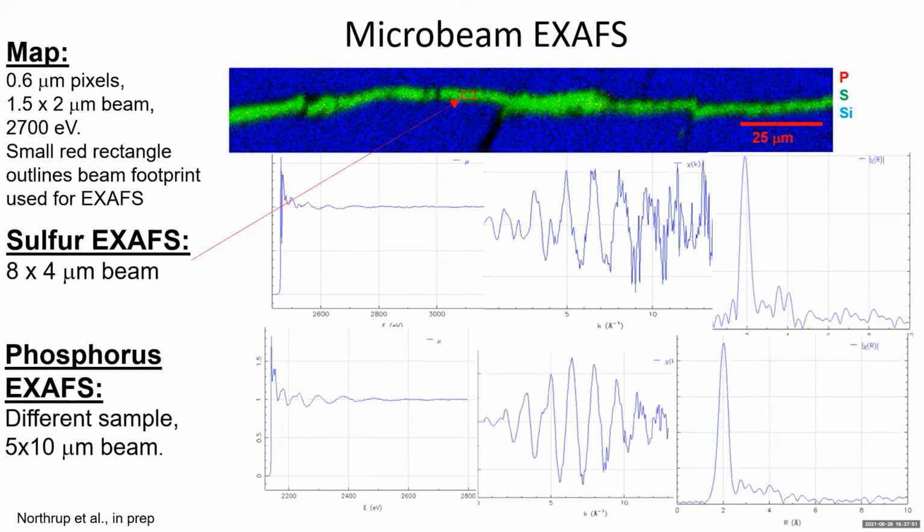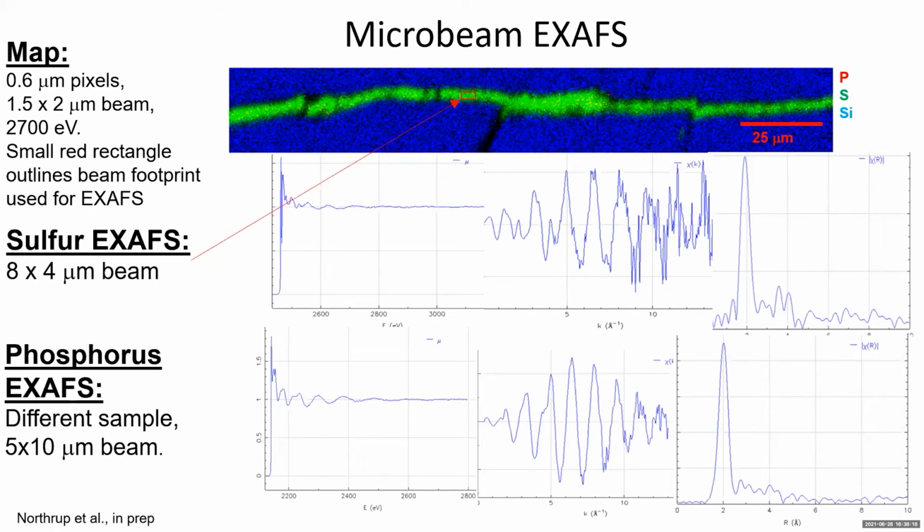And we use that to measure the sulfur EXAFS of this sample, and that's shown in the middle 3 plots. Essentially, we were able to obtain the sulfur-metal distance and second and third neighbor distances. And so we were able to identify this as a pentlandite.